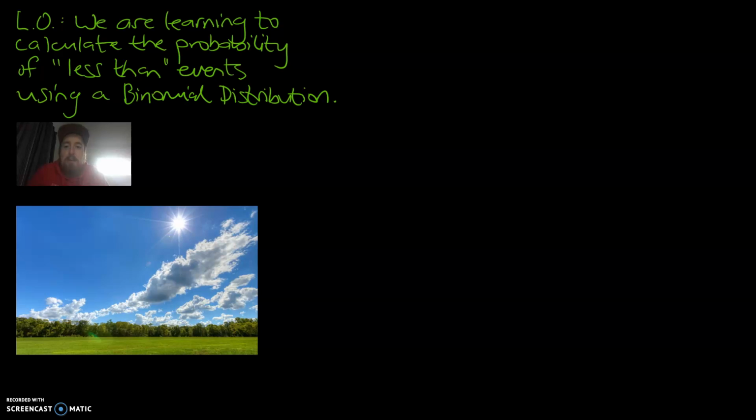Today's learning objective is in green and we are learning to calculate the probability of less than events using a binomial distribution. The picture that relates to today's theme is the month of February.